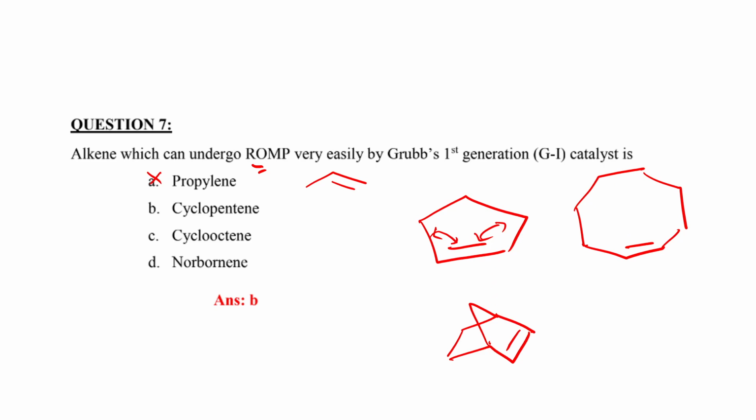According to that you can explain it, because as it is a strained system, the ring tries to get more stabilized with ring opening metathesis.